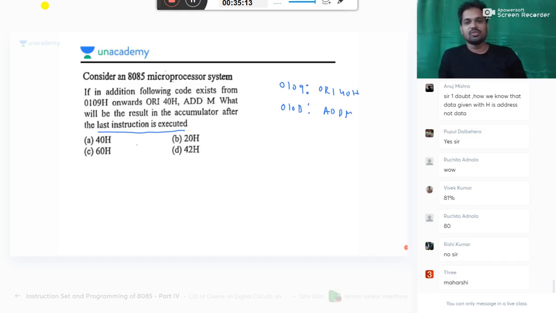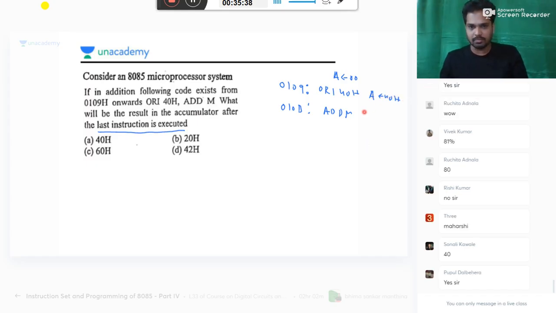Okay, good. So here the right answer is very simple. Already the accumulator is containing how much? 0. Then OR immediate: you OR this all zeros with 40H, and OR with 0 is anything, na. So the accumulator will be copied with 40H.